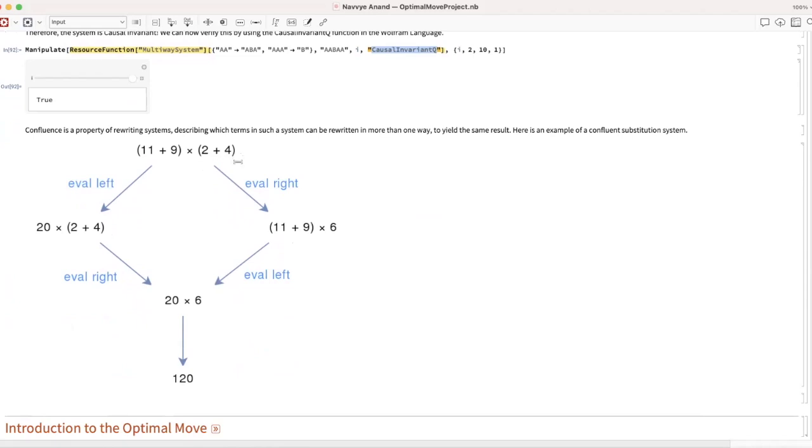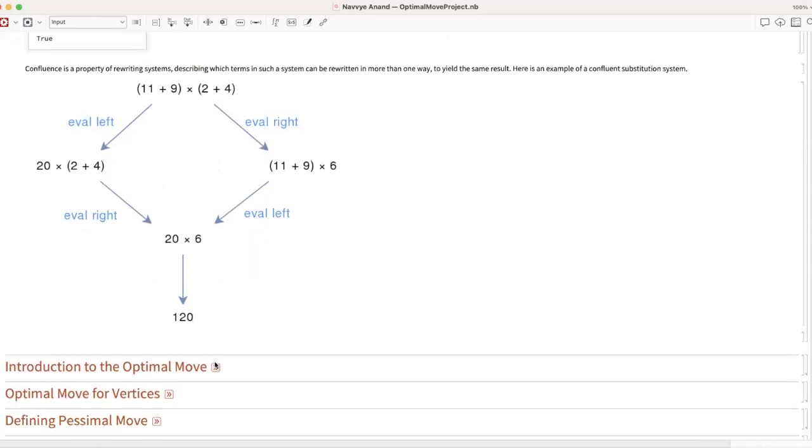It doesn't matter whether you evaluate from the right first and then from the left, or from the left first and then from the right. Ultimately, you yield the same result, which is 120, and that's because of the parentheses. So you can look at confluency in a term rewriting system as a thing in which no matter which rule you apply, you're going to get the same result.